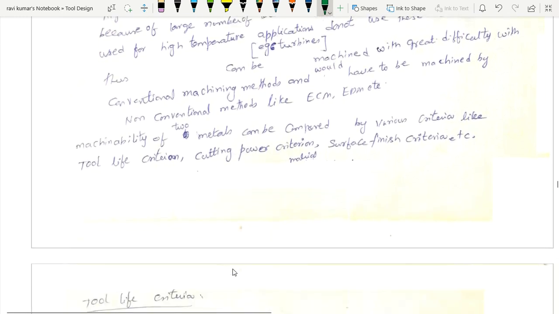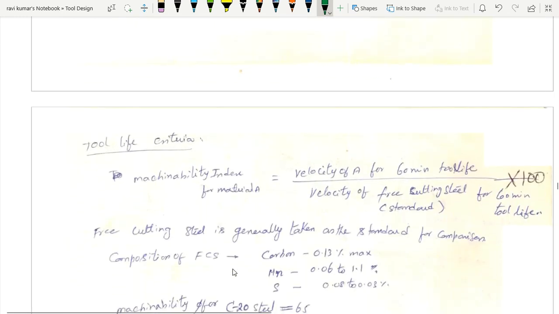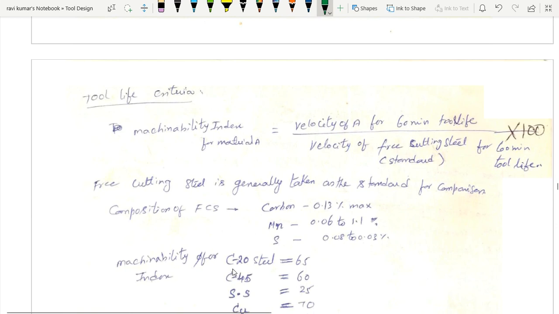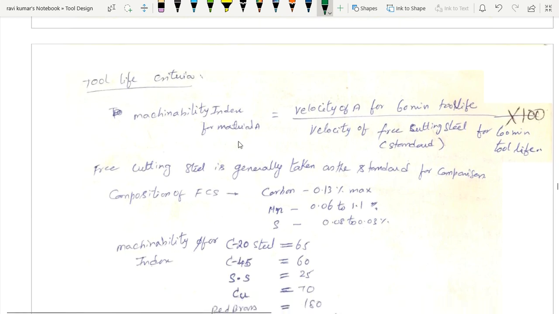When it comes to expressing the machinability, the machinability is expressed by the term machinability index. When I talk about the machinability index for any material, I compare the velocity of this test material, say velocity of A I have written.